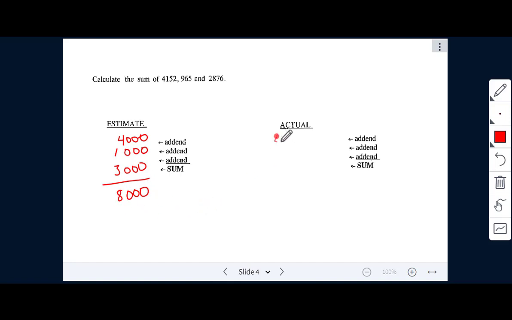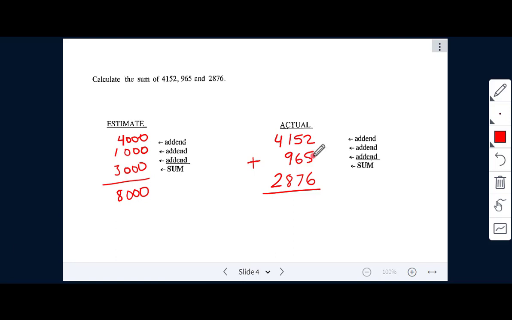So our actual 4,152 plus 965 plus 2,876. All right, I'll give you guys a few seconds to complete that. All right, so we are trying to figure out the actual.